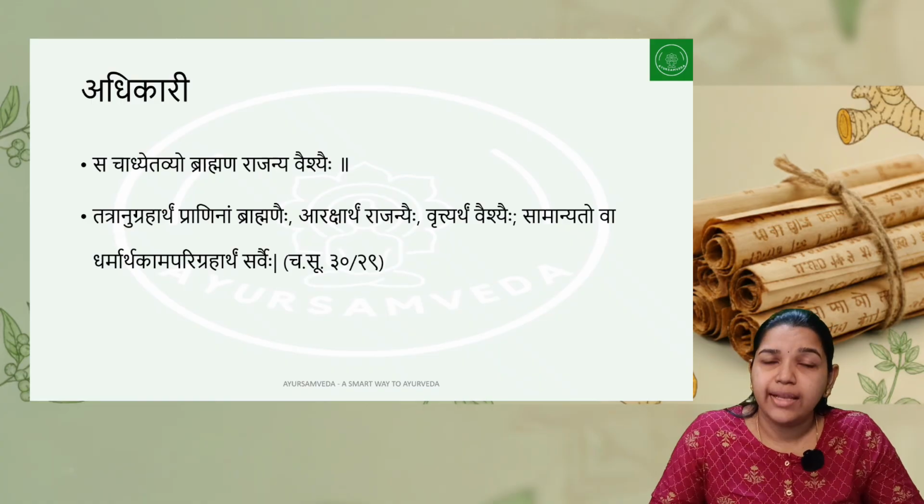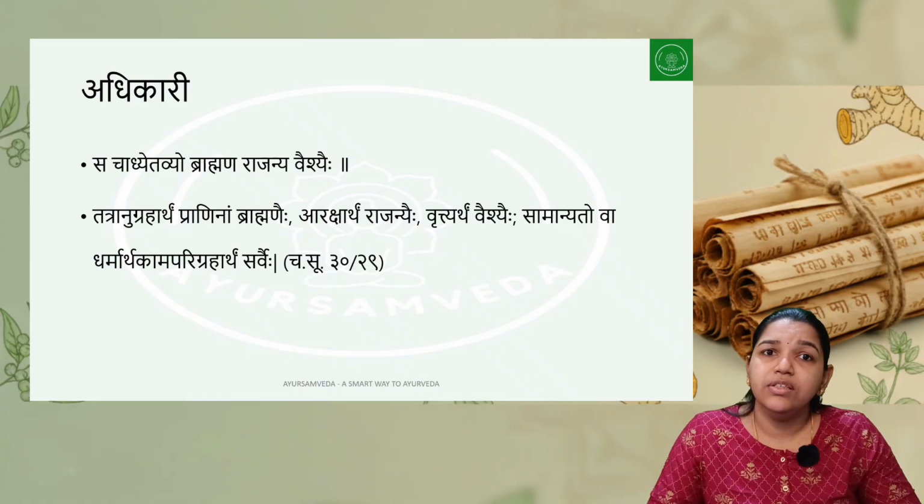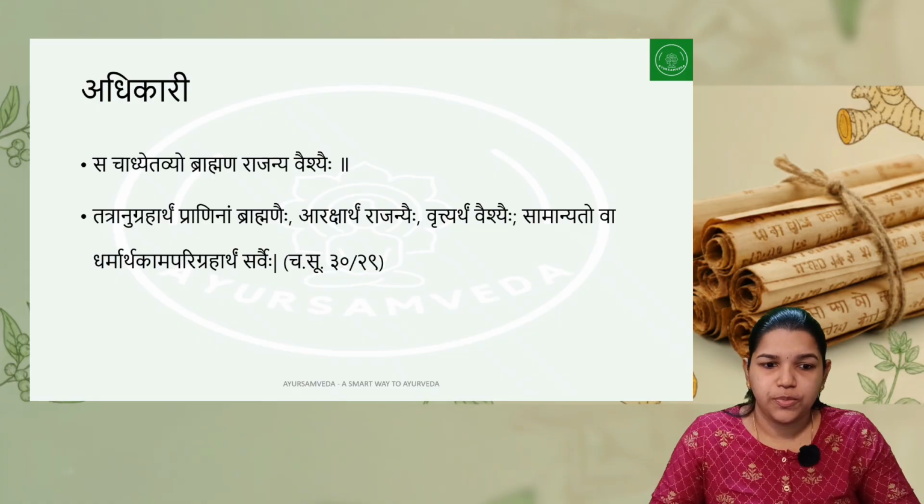In general, every person should get the knowledge of Ayurveda in order to attain dharma, artha and kama. So for attaining the three vargas, Ayurveda knowledge has to be attained by all people. This is one concept explained in Charaka Samhita, that is, who has to get the knowledge of Ayurveda and what the purpose of getting this knowledge is.